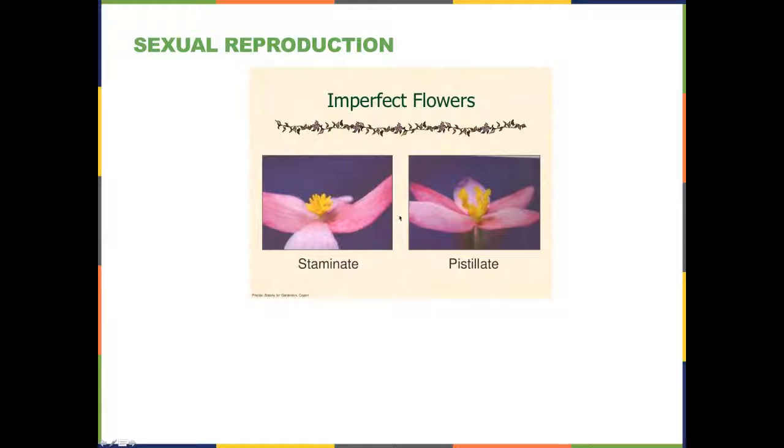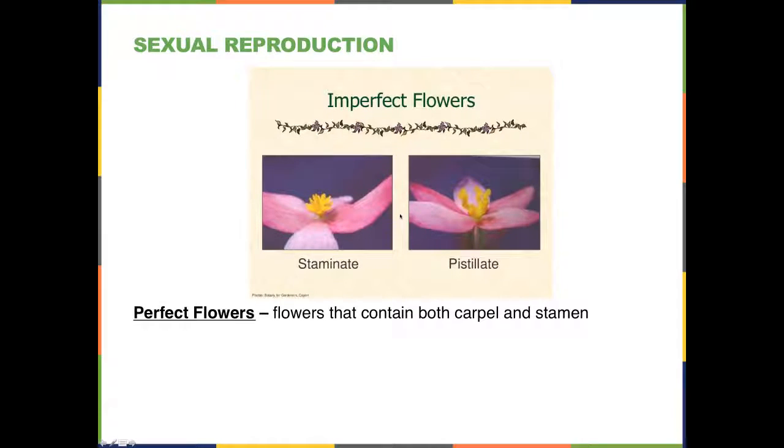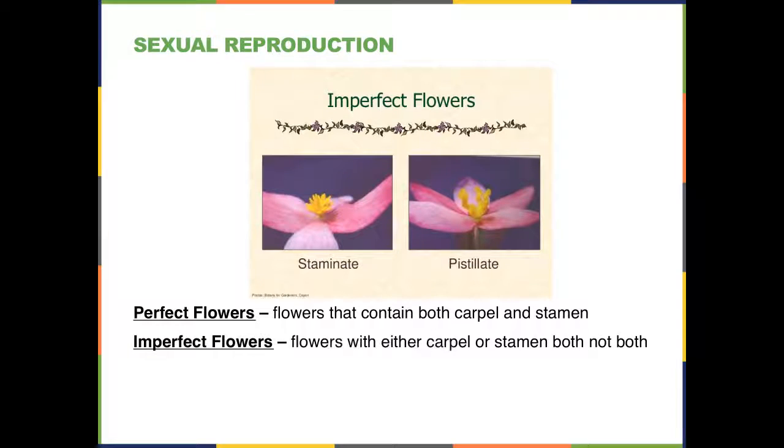Now, flowers can come either as perfect, which are the two diagrams I showed you below. Both of those flowers contained both stamen and carpels. Those are called perfect flowers. Imperfect flowers have either a carpel or a stamen. And you'll notice that they've used the word pistil here instead of carpel.